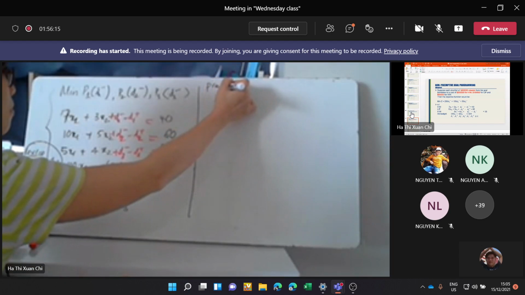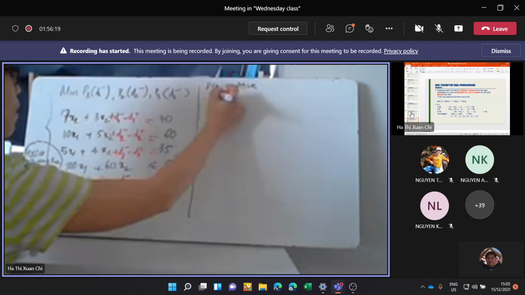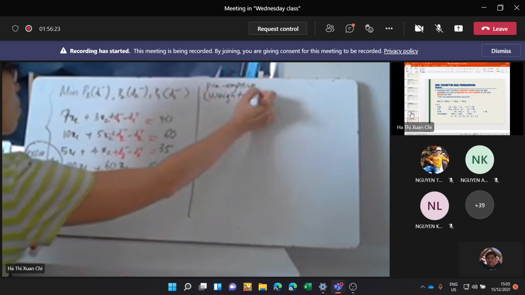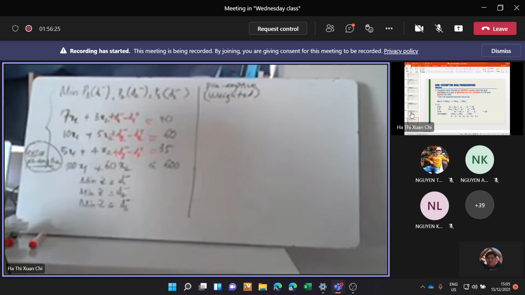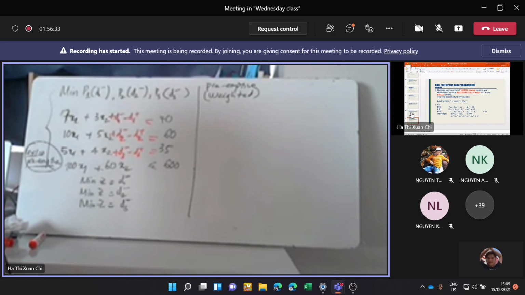But for non-preemptive, we can call that either weighted goal programming. So for weighted, I add information here like this.